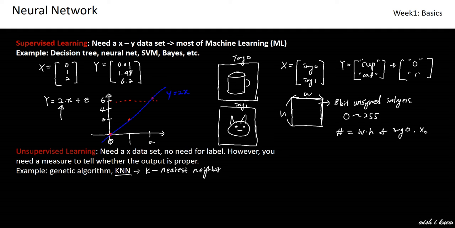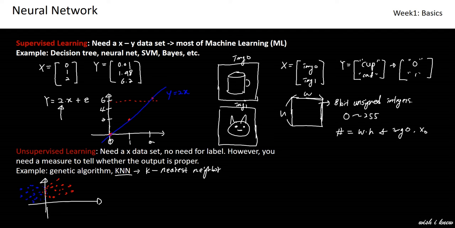What it does is very simple. In 2 dimensions, say you have distributed data like this, and they have distinctive labels like red and blue. We don't really know the boundaries of this red and blue.